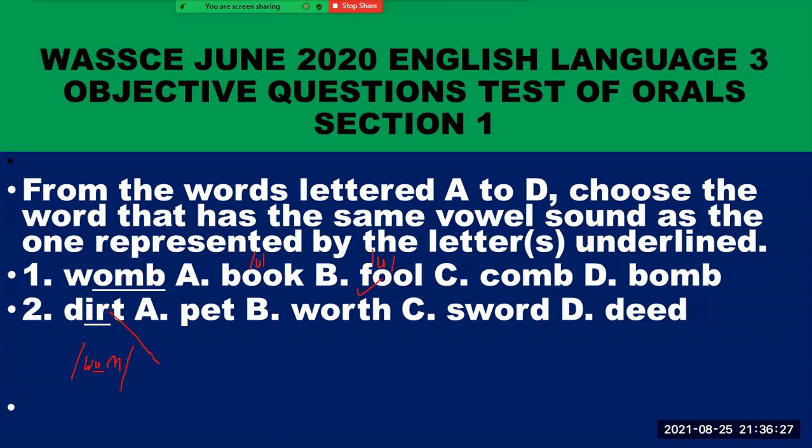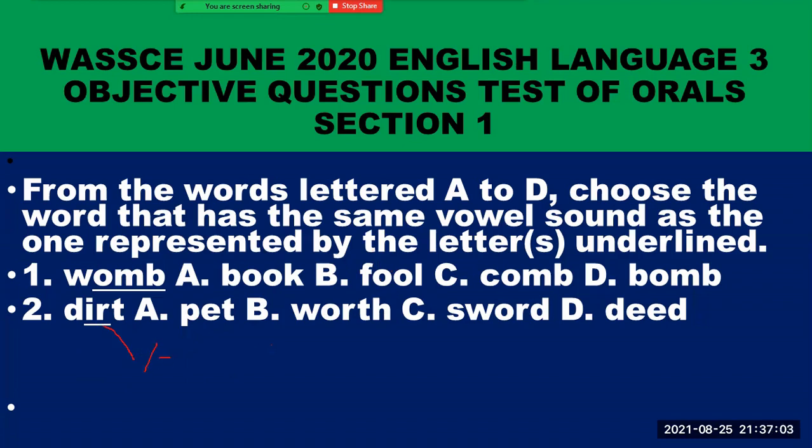Now here you have a word, death. Okay, this is the long vowel sound, then you have T here. This is how to transcribe it. Please take note, let me wipe this and try to get it right.